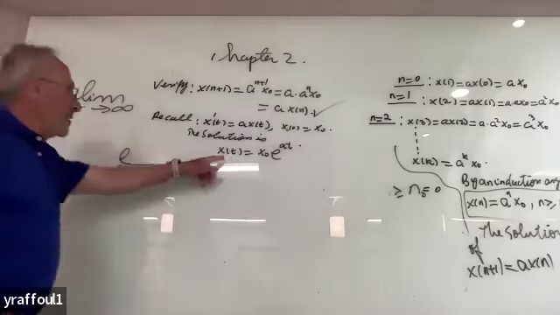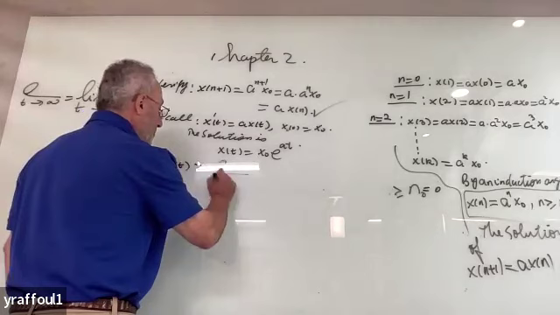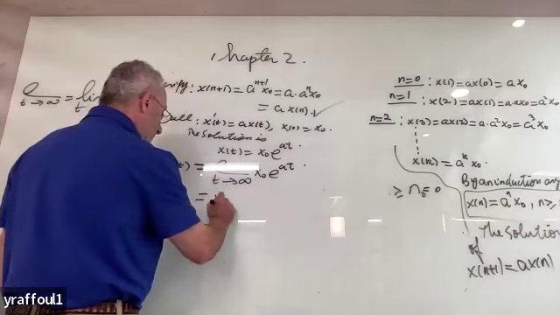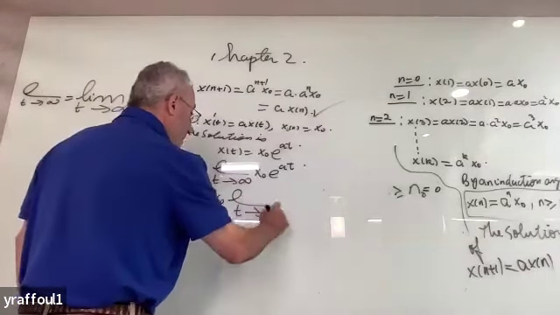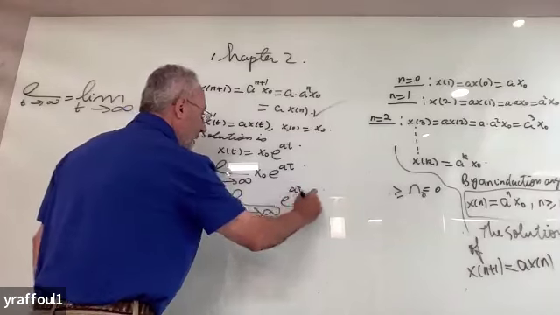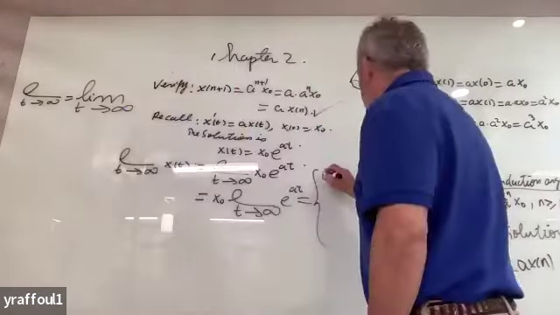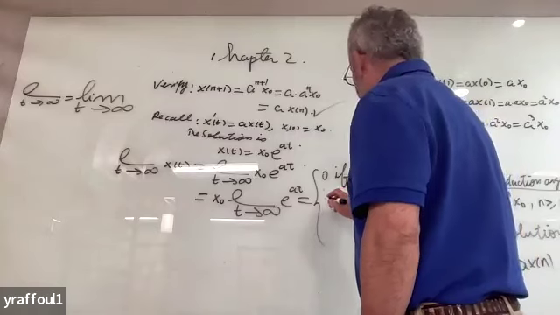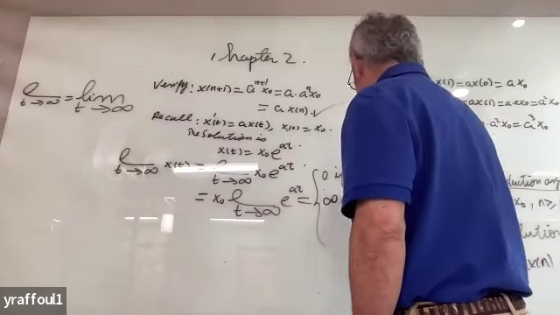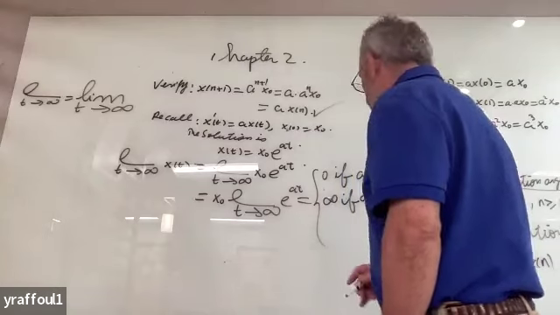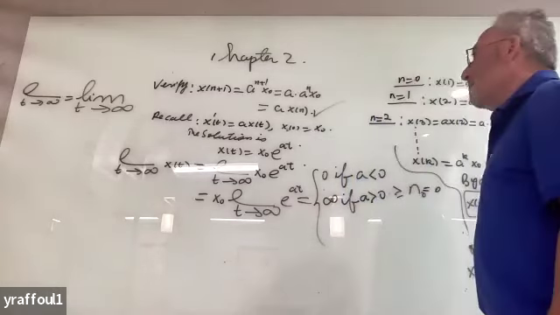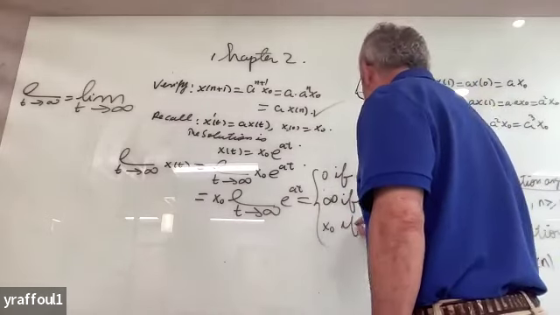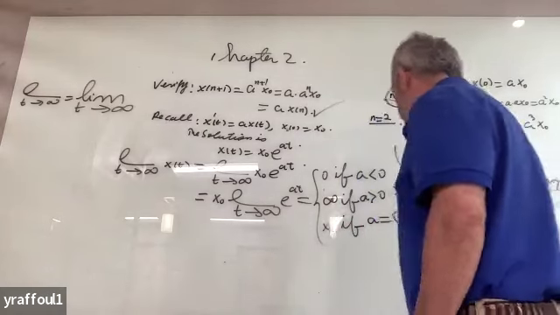Now, if I take a limit here, that is the limit as t approaches infinity of x naught e to the at, and that is x naught times the limit as t approaches infinity of e to the at, and that is equal to 0 if a is less than 0, equal to infinity if a is bigger than 0, right? And equal to x naught if a equals 0.